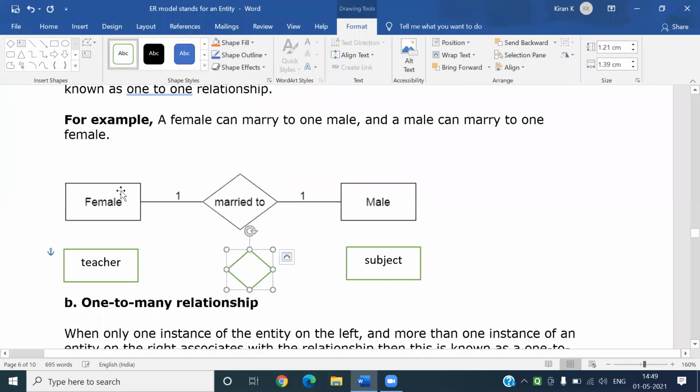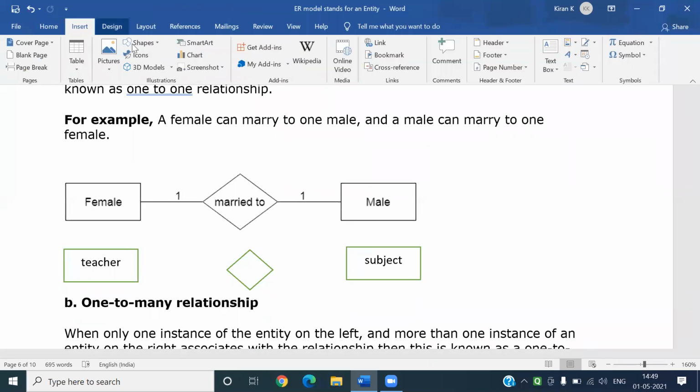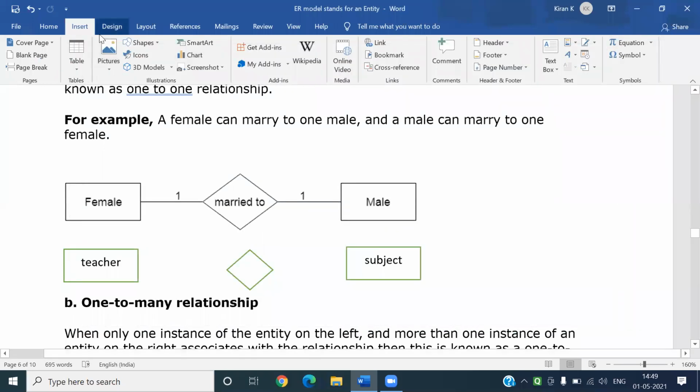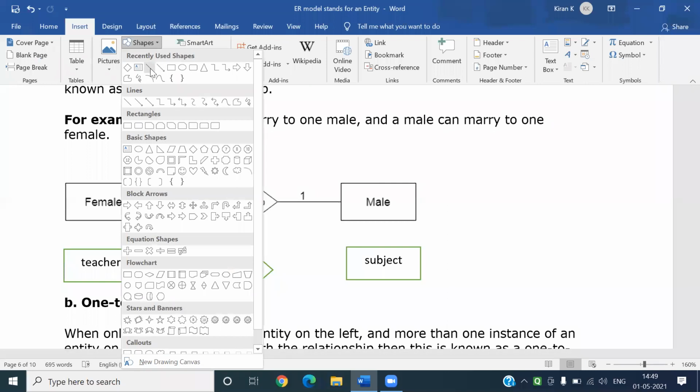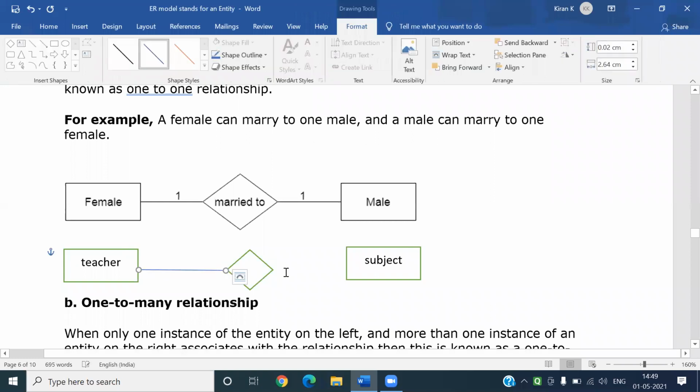When do we say it is one-to-one? This is important. It means that a teacher teaches only one subject, my dear friends.